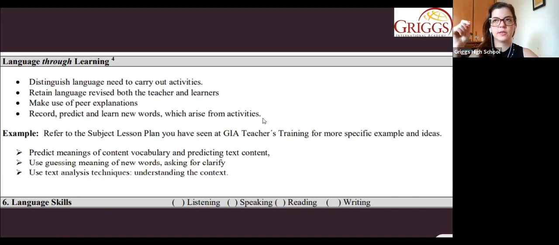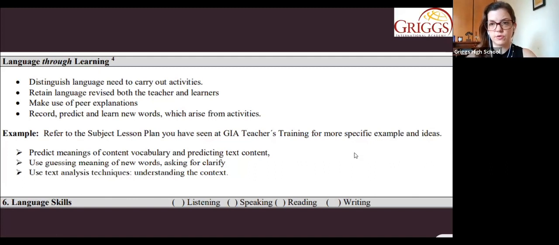So you could list, have students research on online dictionary, have students look for synonyms, make use of peer explanation, try to get meaning from context, and then list all of the strategies that you would use in your class when a new word appears and you were not expecting that. Does it make sense? Okay.